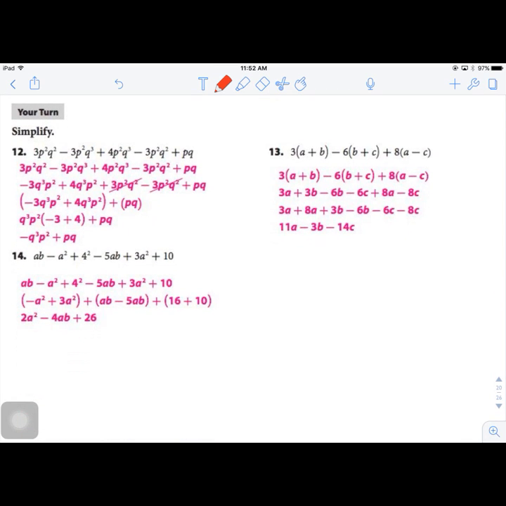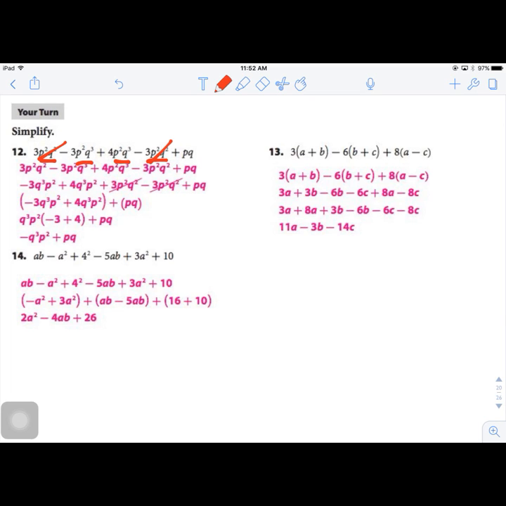Next problem, we are going to take a look at more combining like terms. Notice that we have p squared q squared terms that look alike. So we have 3 minus 3, which cancel each other out. And then we also have the p squared q to the third terms that look alike.